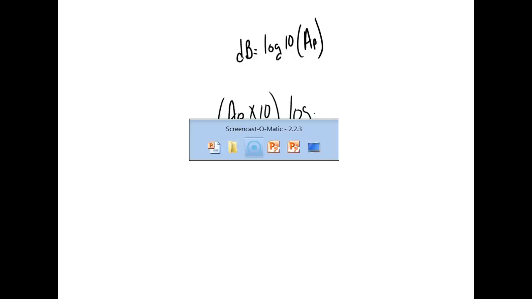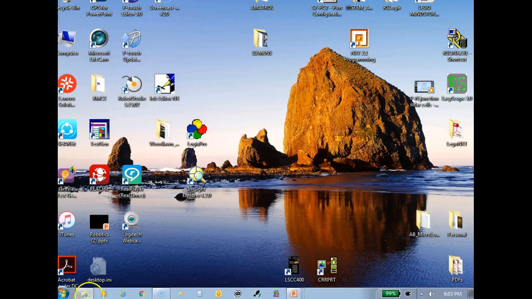So on my calculator, I want to get the power gain. What power gain do y'all want? A while ago we had a gain of 100.